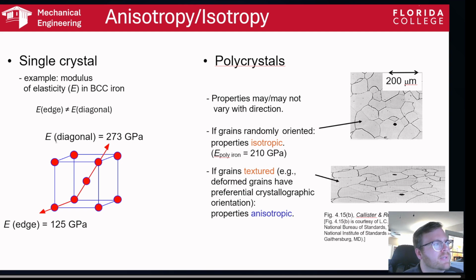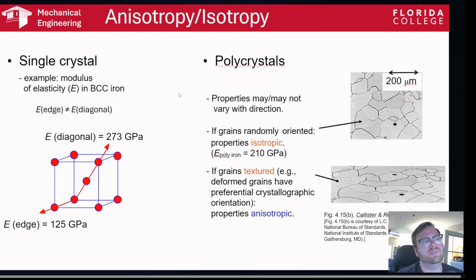But all you need to know is that for this body-centered cubic structure, the Young's modulus is much stiffer along our 1-1-1 direction than it is in, I think this is the 0-1-0 direction, or even any of the others, just because that has a higher linear density in this direction. There are more atoms to contend with in this direction than in that direction. So that's why it's 273 gigapascals in this direction versus the other.